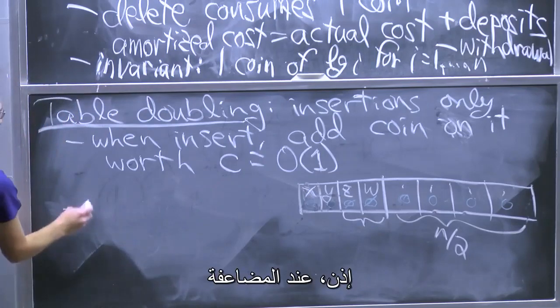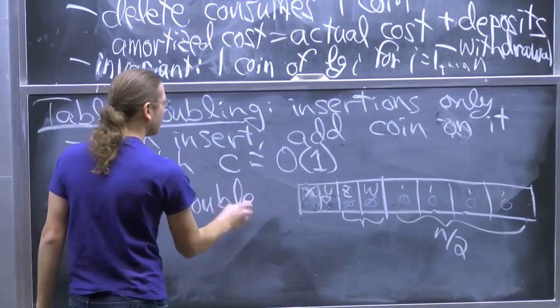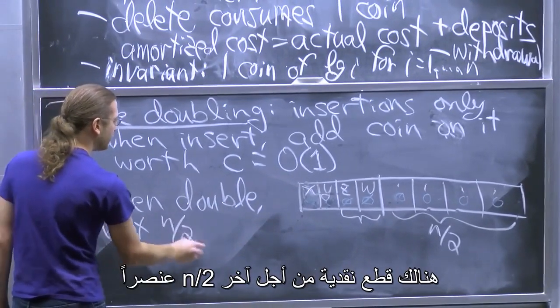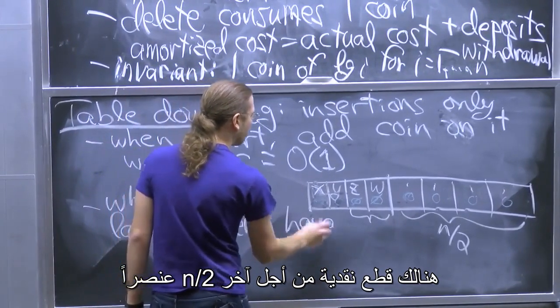OK, so when we double, the last n over 2 items have coins.